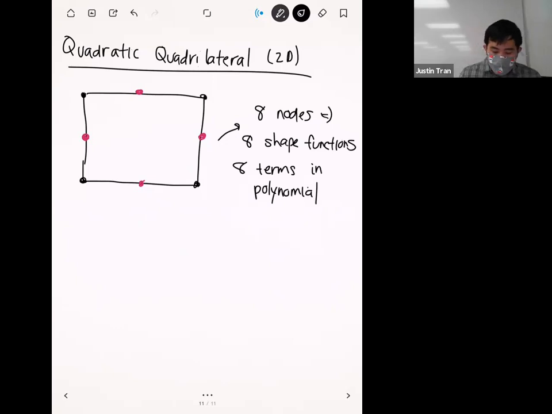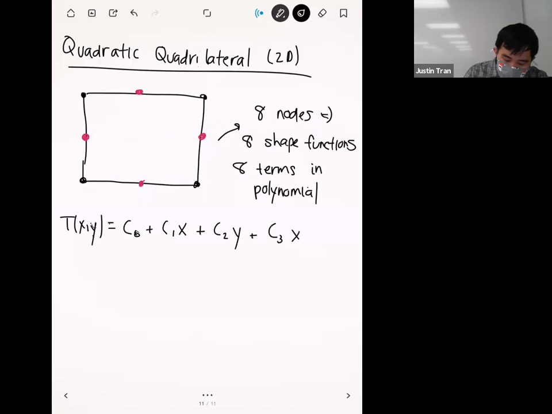Let me go ahead and write out what the finite element polynomial is for the quadratic quadrilateral. We have T of x,y is equal to, and we have 8 terms here. We have c0 plus c1x plus c2y plus c3xy.